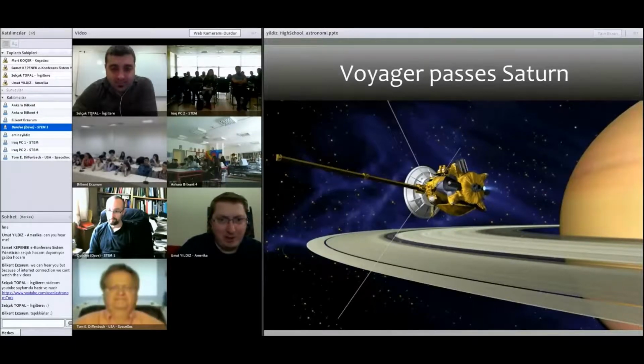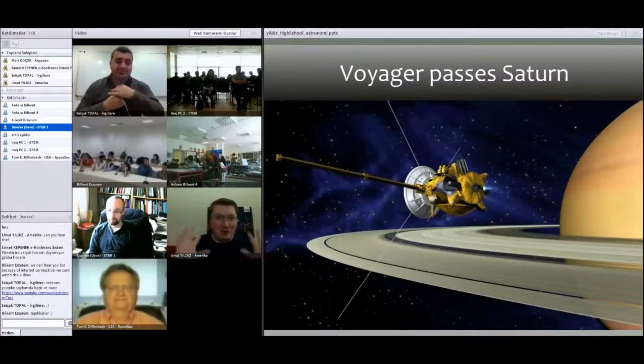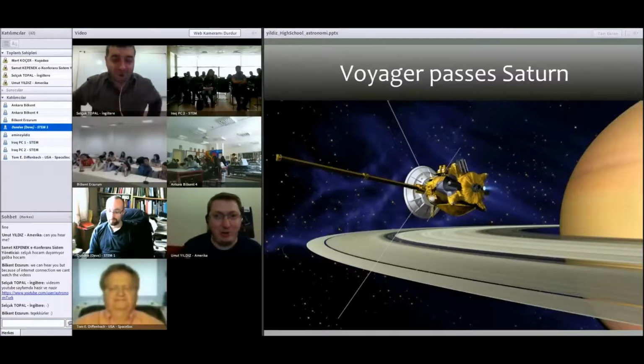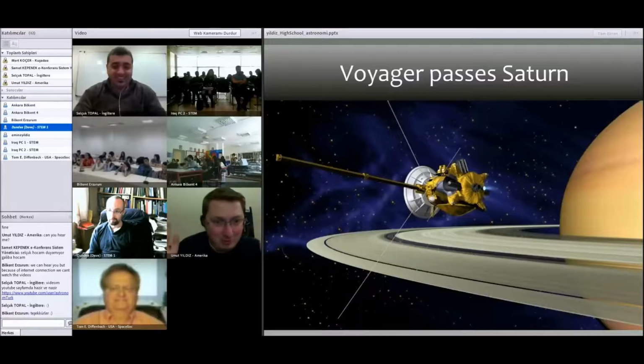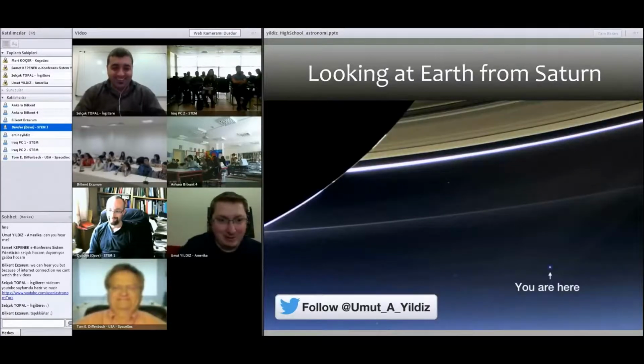When Voyager reached Saturn, the people at NASA asked everyone on Earth to wear nice clothes, put on makeup, and just give a nice cheese to Voyager, because Voyager was supposed to take a picture of Earth, and everybody was supposed to look nice. This is the picture of Earth from Saturn.